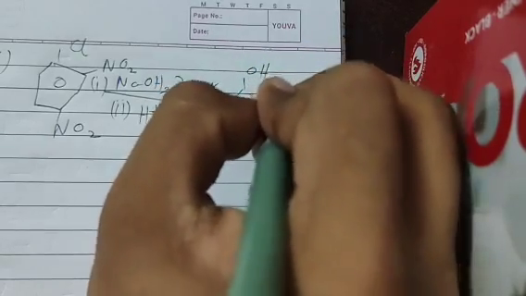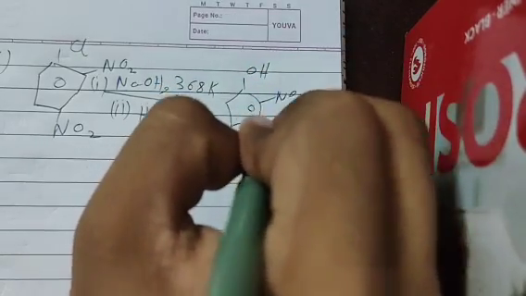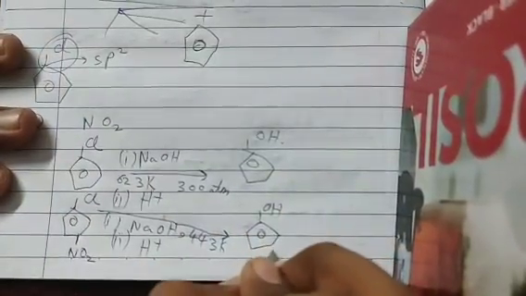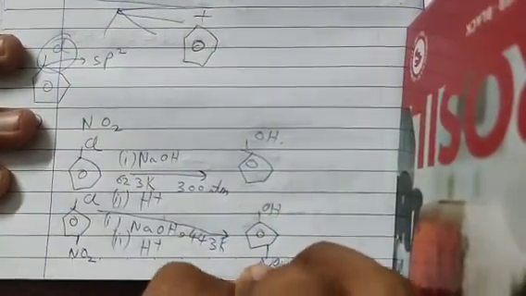But NO2 and NO2 will remain here also. Now I just made a mistake here, just a second. As you can see here, OH and here also NO2 should have been there at the para position.